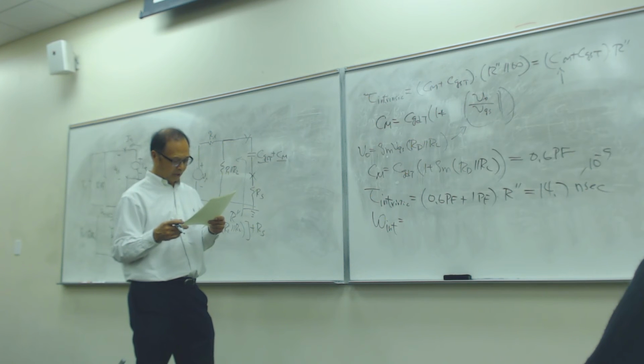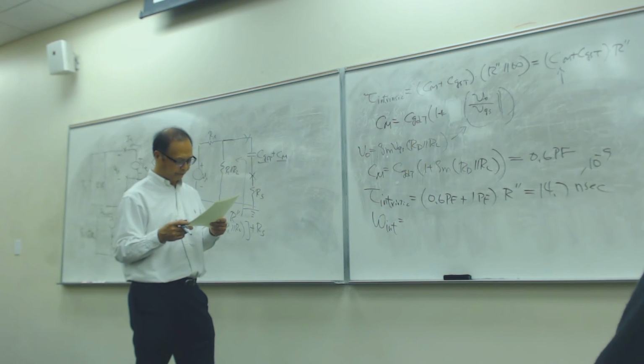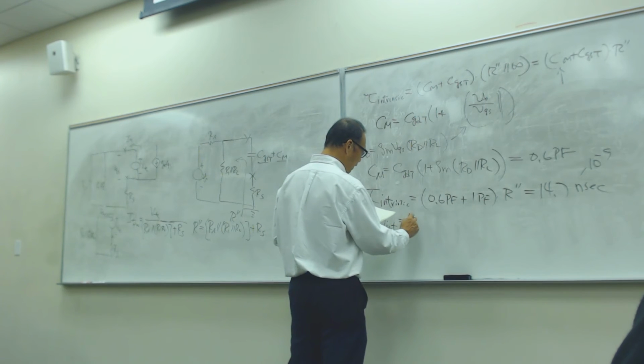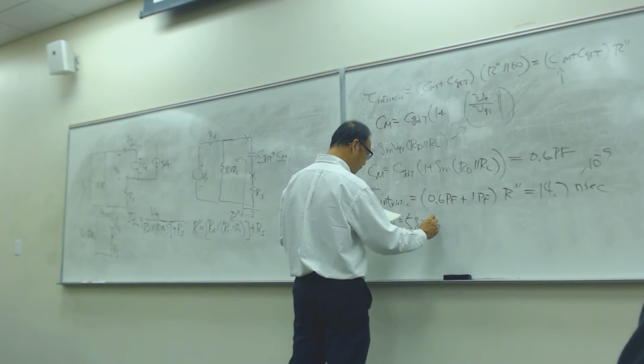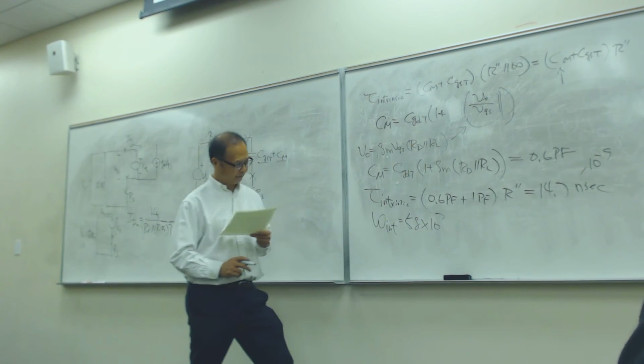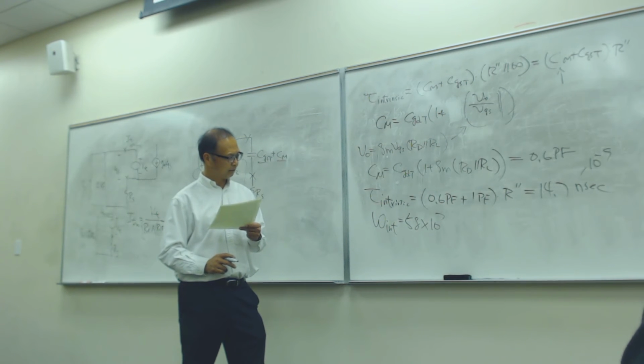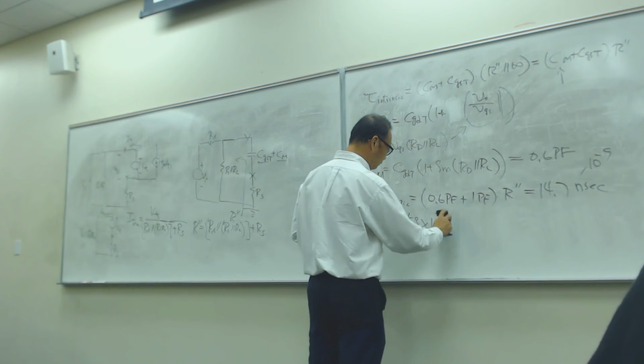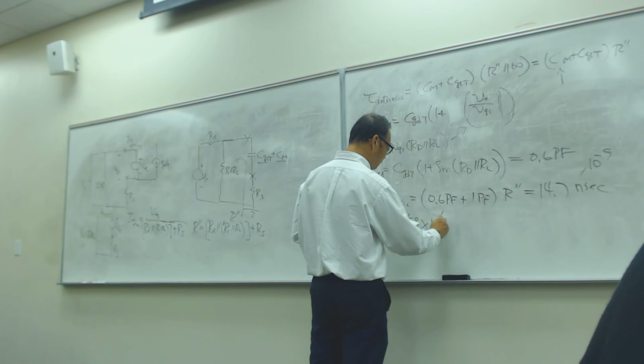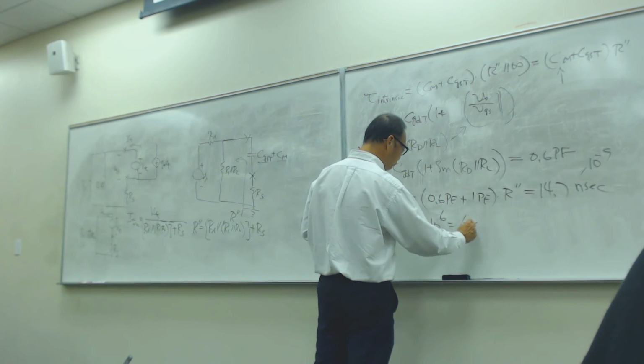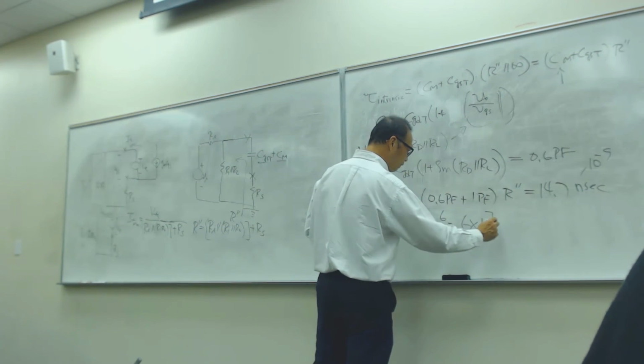So about, what do you think? 68 times 10 to the 6. All right, thank you. So it's about 6 times 10 to the 7.